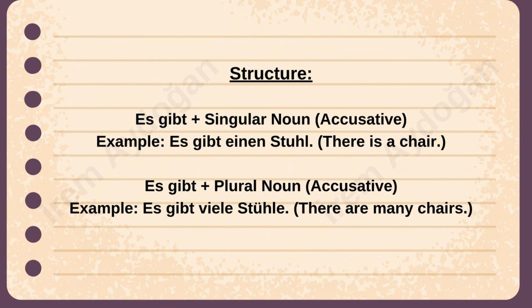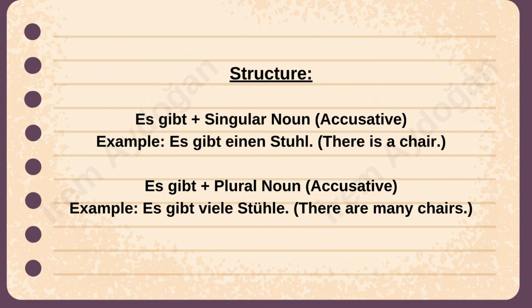Es gibt einen Stuhl. Our example, there is a chair. It means plural noun: es gibt and plural noun. Example, es gibt viele Stühle. There are many chairs. This is our structure of es gibt.